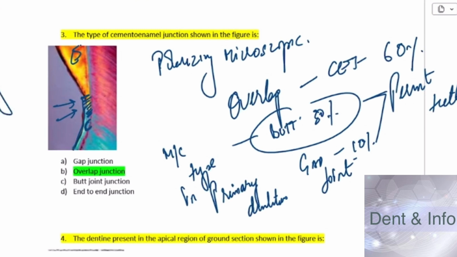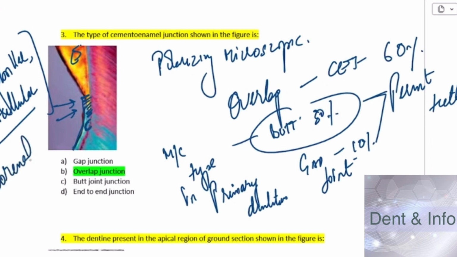Which type of cementum is formed in overlap? This cementum is afibrillar, acellular cementum. It is covering the coronal part of the enamel, so this type of cementum is called coronal cementum because it is covering the enamel, which is seen on the crown. The rest of the cementum is radicular cementum, since by definition cementum is present over the root.